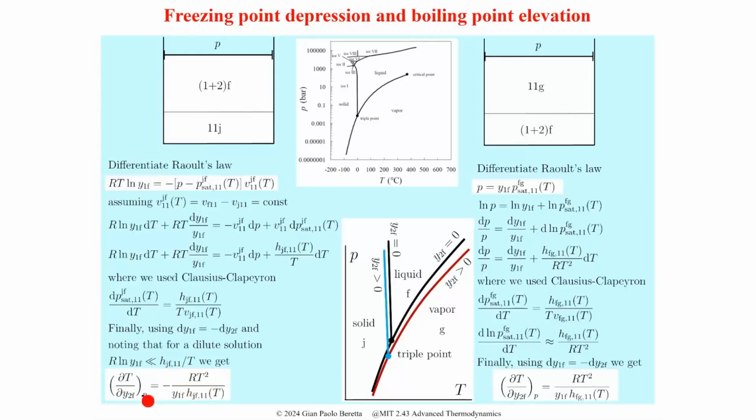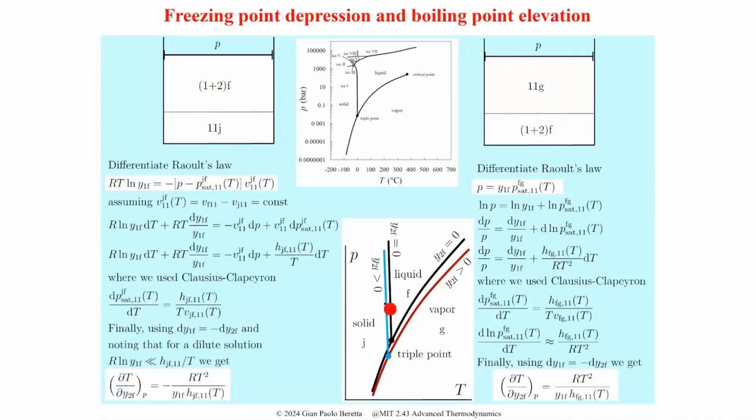So in the end, you find that if you add a little bit of salt to the liquid solution, the temperature at which you have equilibrium, therefore the freezing temperature, changes from before by an amount that is related by these things: RT squared, the enthalpy, so all properties that you can look up for the pure substance, with a minus sign. So this is the freezing point depression case.